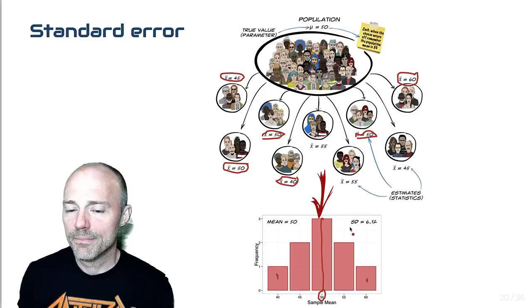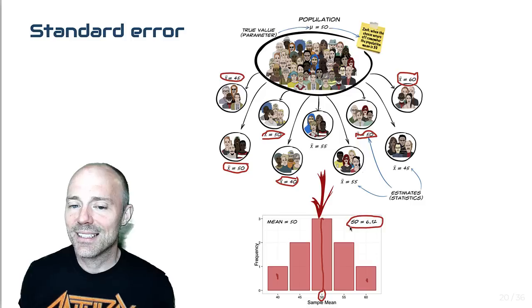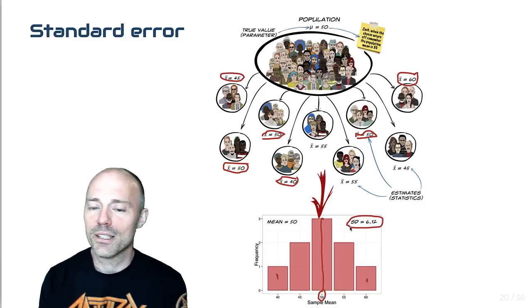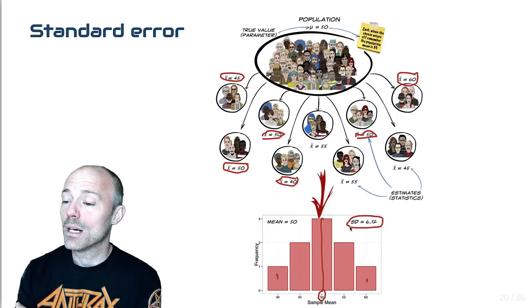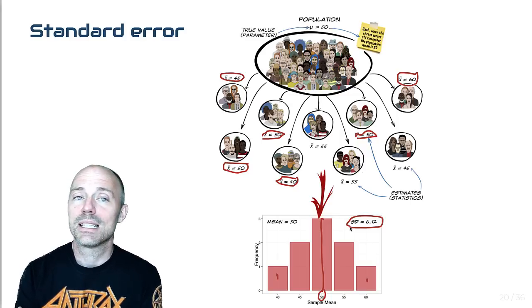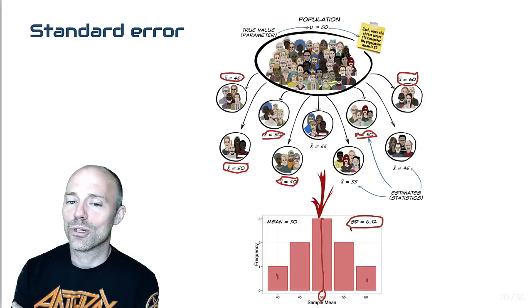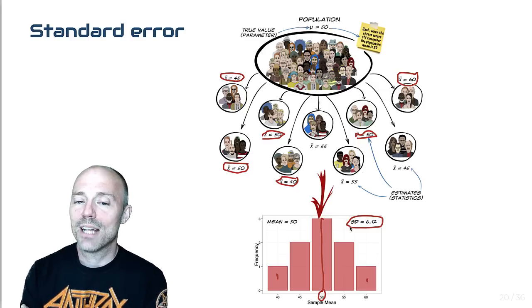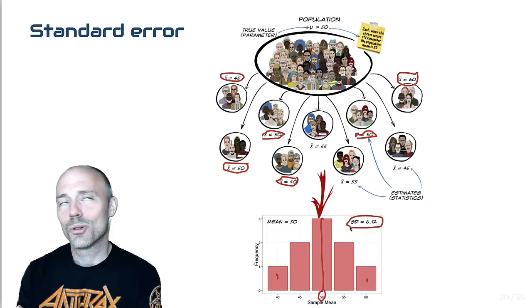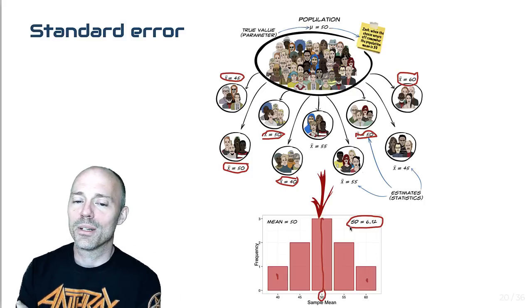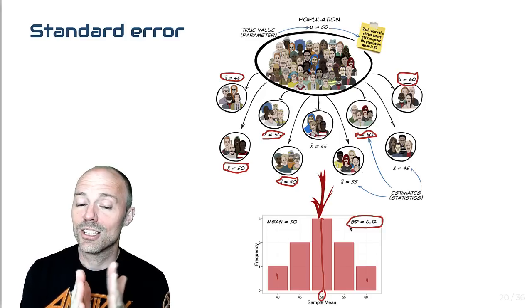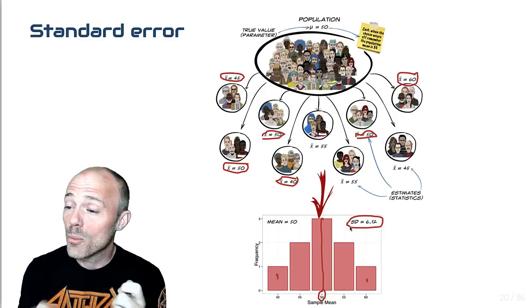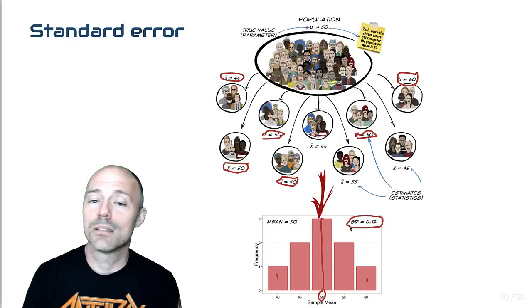And crucially, if we look at the standard deviation of this sampling distribution, this tells us how much variability there is in estimates across samples. If you imagine your sampling distribution is very, very narrow, so it has a small standard deviation, then all your samples are giving you very similar estimates.